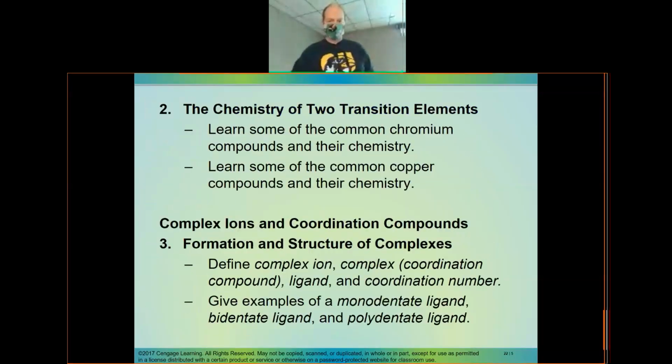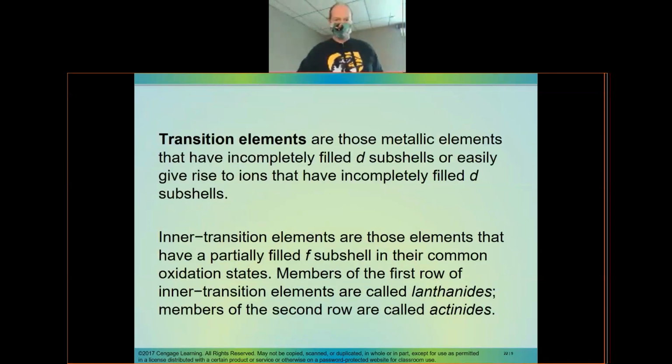All right, so the transition elements, we're talking about the D shell when you do your electron configurations. So those are the transition elements, the D, where they have 10 electrons and 10 elements. Then, of course, you have your inner transition, which are your F subshell elements.